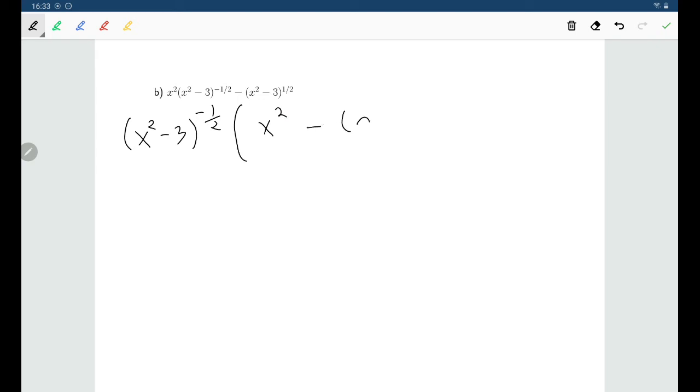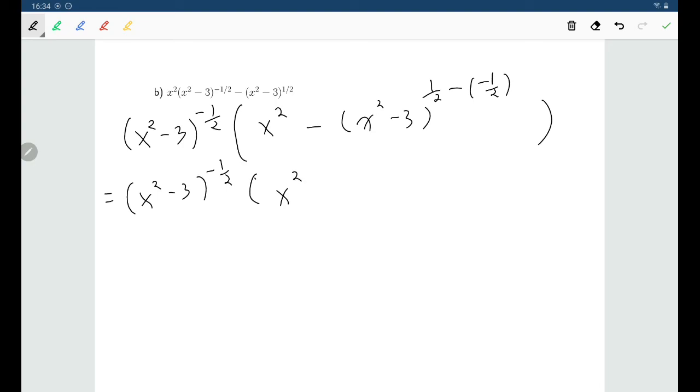For the second term, I had x squared minus 3 to the 1/2, and I took out x squared minus 3 to the negative 1/2. So the power should be 1/2 minus negative 1/2. And of course, 1/2 minus negative 1/2 is the same thing as 1/2 plus 1/2, which is just 1. So really what we're left with is just x squared minus 3 to the 1.